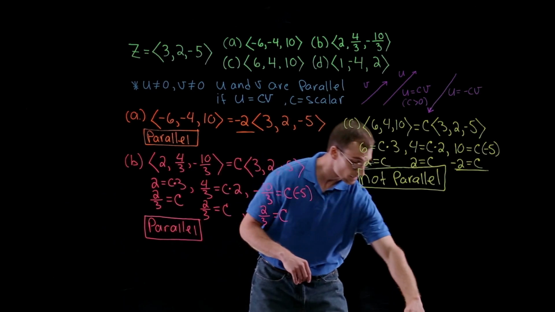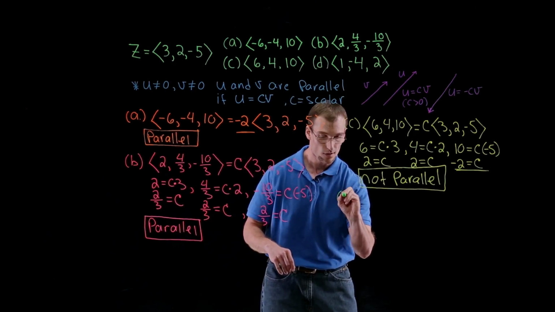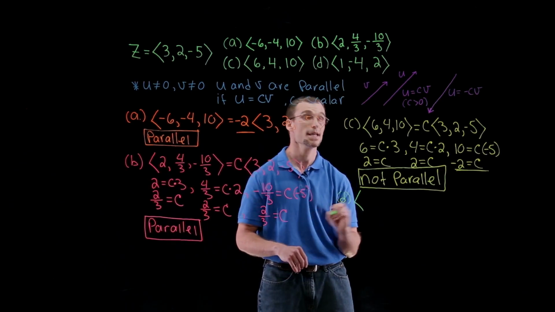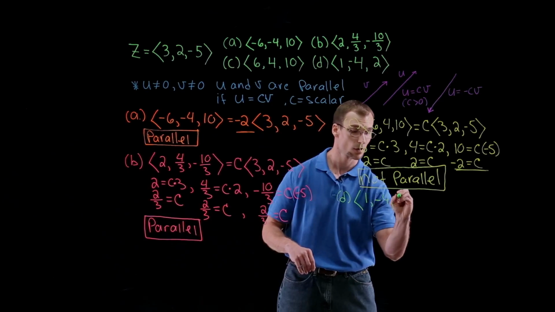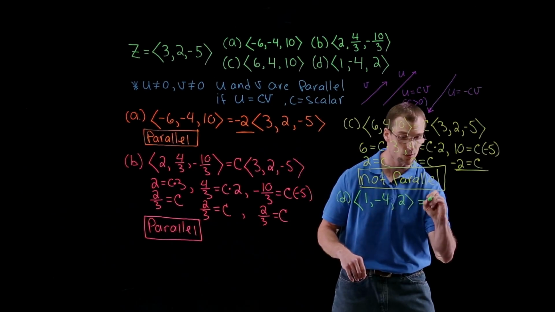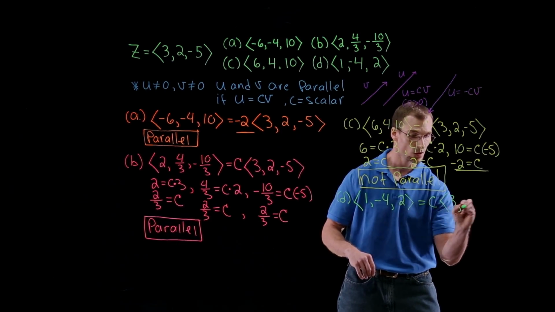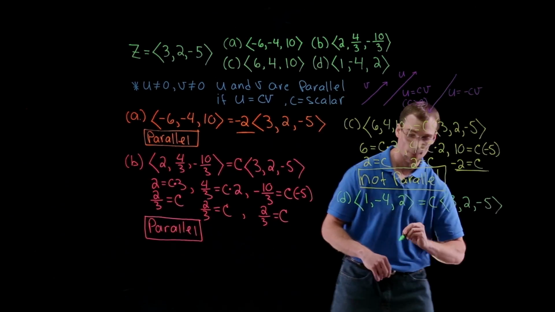All right. And lastly, let's take a look at the vector d. So our vector d, we have components 1, negative 4, and 2. And we want to see if that's some scalar multiple, some c times our vector z, components 3, 2, and negative 5.